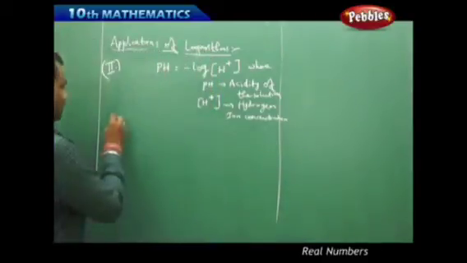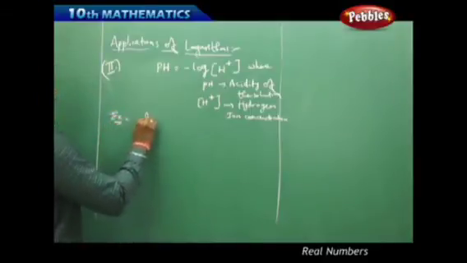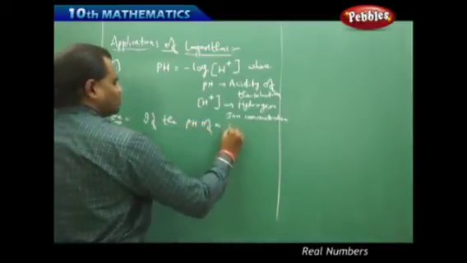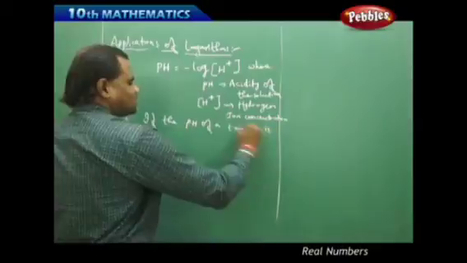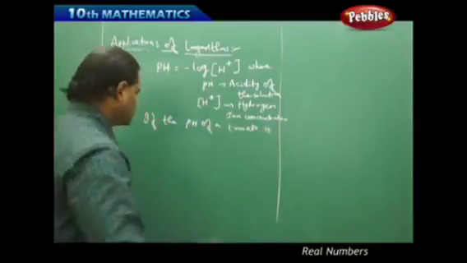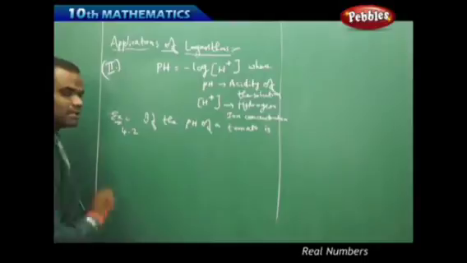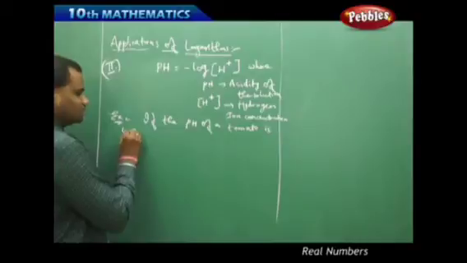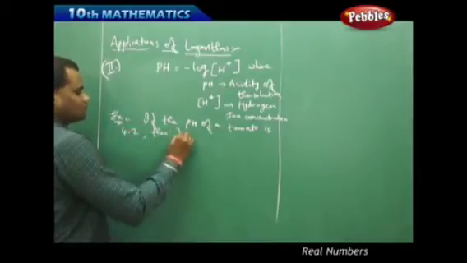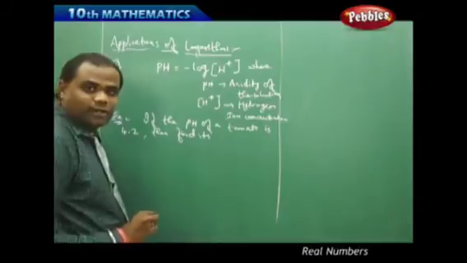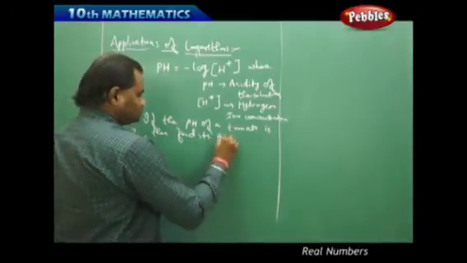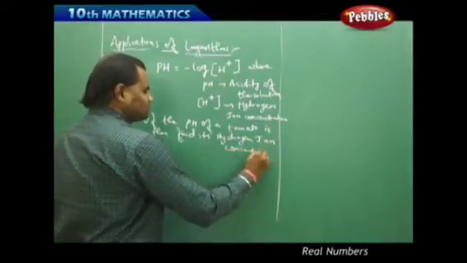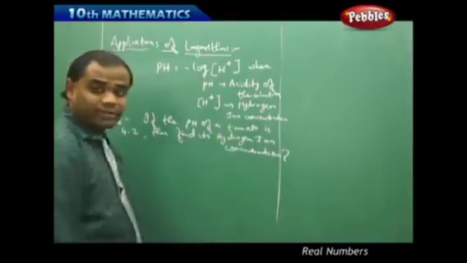For example, I have an example problem: say the pH of a tomato is 4.2, that is, the acidity measure for a tomato is estimated to be 4.2. The question is to find its hydrogen ion concentration.